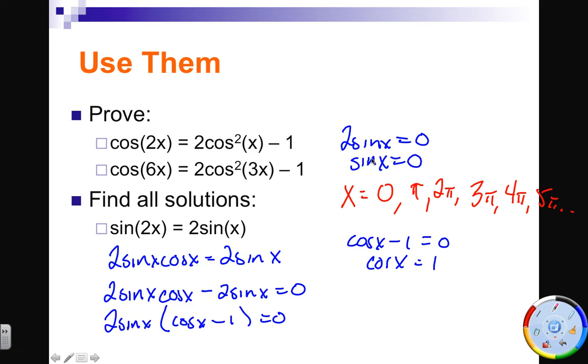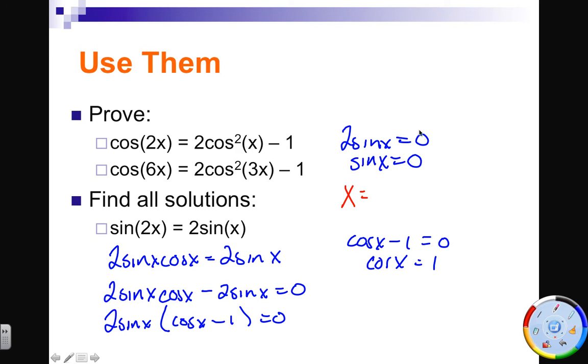And I could go negative, I could go in the other direction. So when it says find all solutions, that means write an expression that will get an answer for every single one.